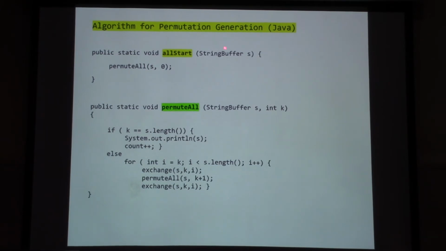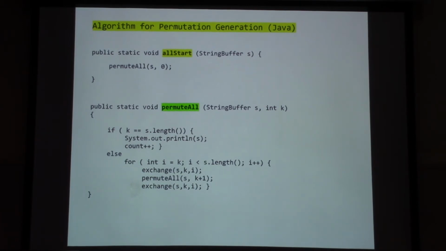So they gave me a string buffer, and I'm going to call the recursive function, passing the string through, starting with an index of 0. This index is going to go forward until it reaches the length of the string. Whenever it reaches the length of the string, I will output a permutation.